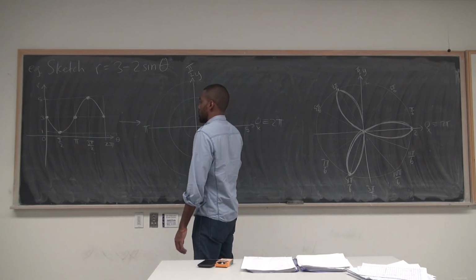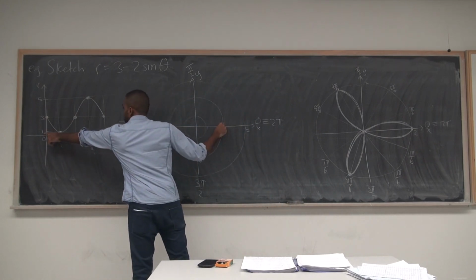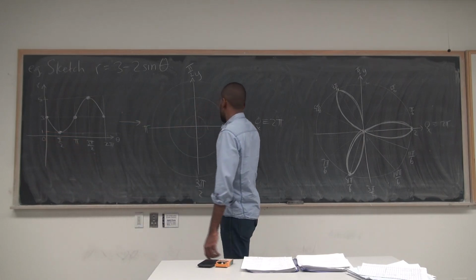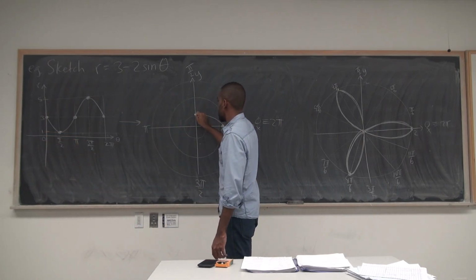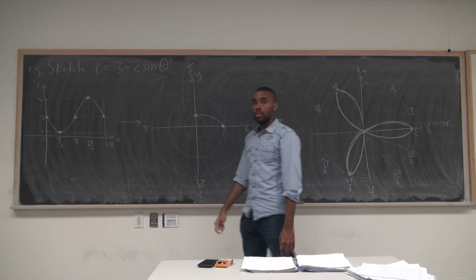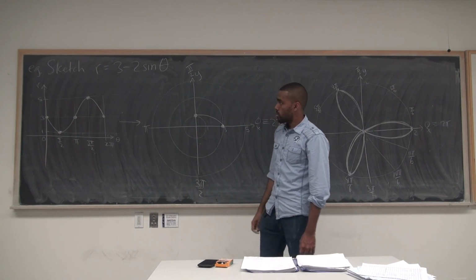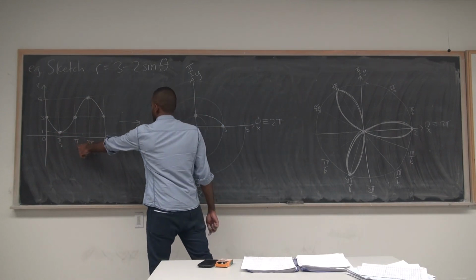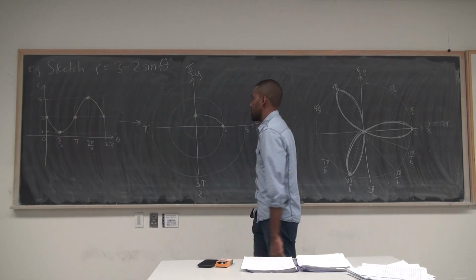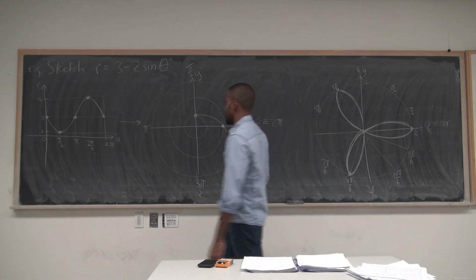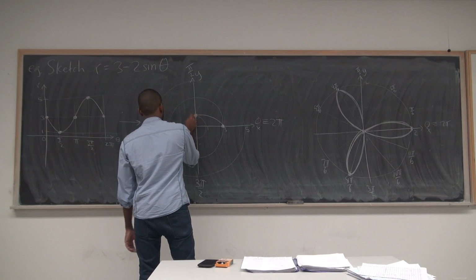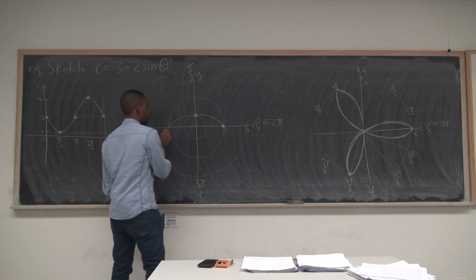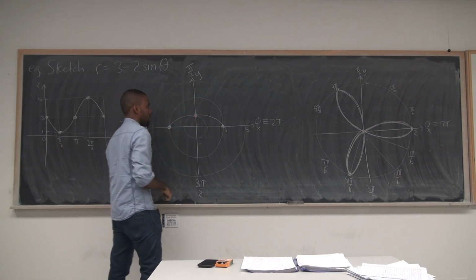I go to the circle of radius 1, right? At pi over 2, I'm on the 1. So I'm going to jump to the circle of radius 1. Now when I'm at pi, what do I do? I jump back to the circle of radius 3.